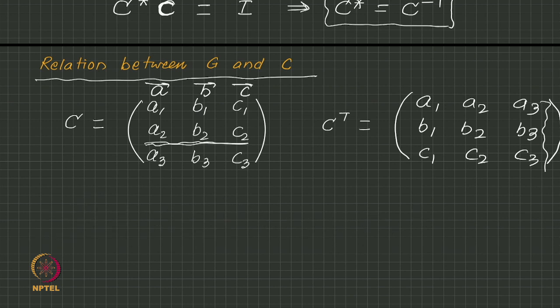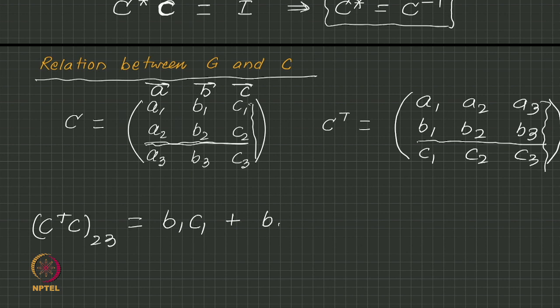So, let us do that again. C transpose C 2 3. So, I take the second row here and multiply it by the third column from this matrix. So, B 1 C 1 plus B 2 C 2 plus B 3 C 3.